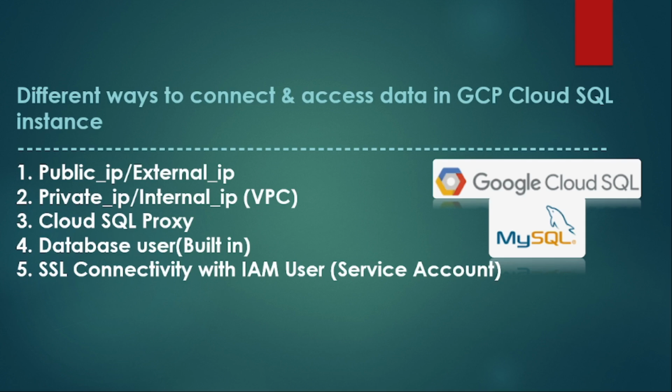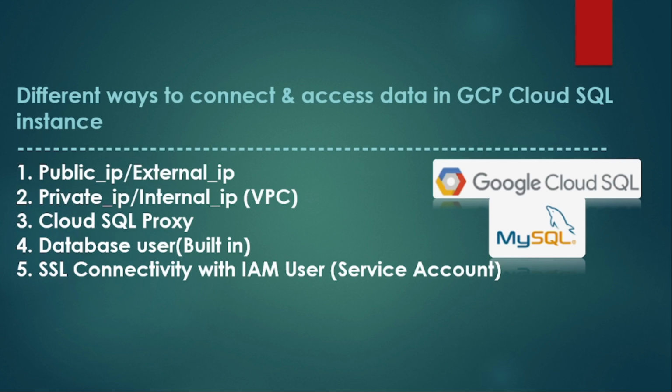It establishes a peer connection within the Google network. That is how private IP is very secure. We cannot access the instance from outside if we define a private IP.